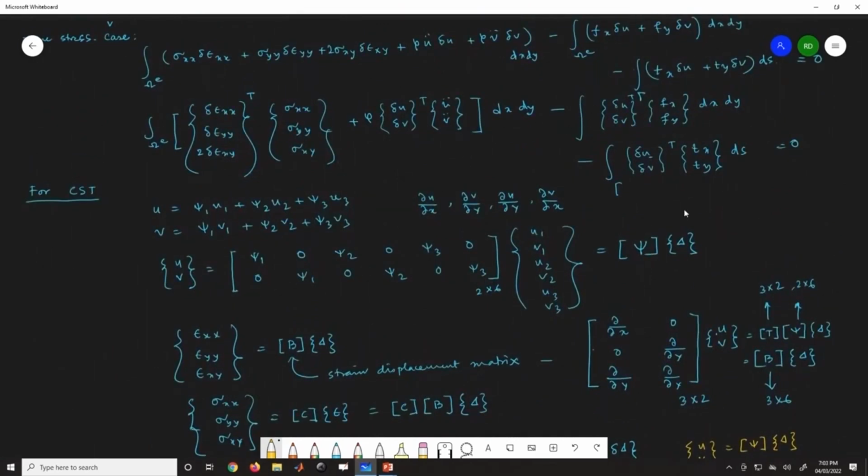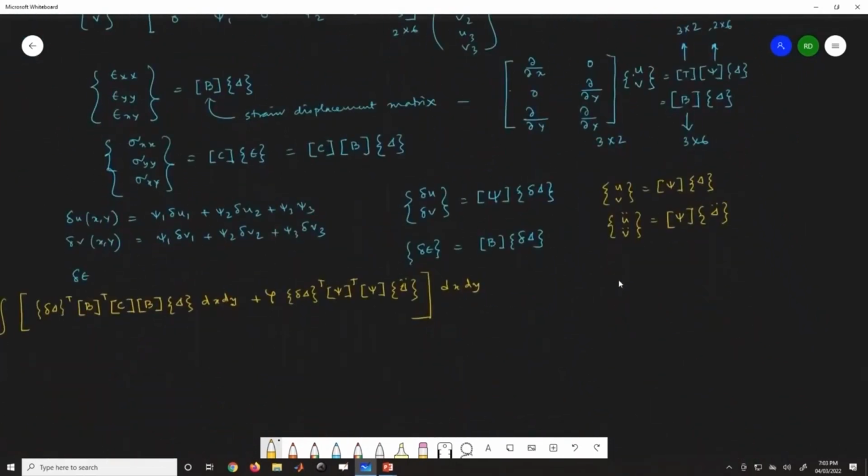and fx, fy. So the delta term is again psi transpose minus integral over omega e, then psi, so h will be there, so delta transpose psi transpose into your fx fy, so the f vector, and this is again dx dy.